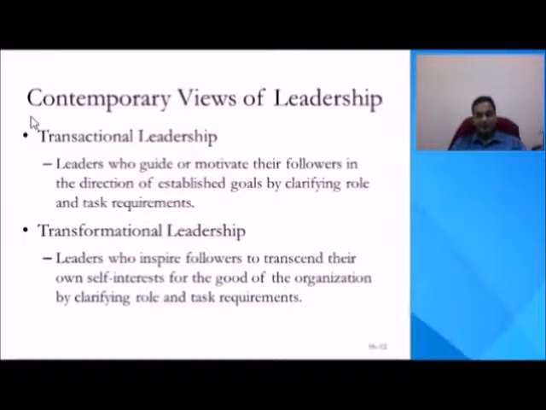So it's a leap forward. You can see that many organizations are getting transformed through transformational leadership. Leaders like Jack Welch of GE transformed an organization and put it into a higher growth trajectory.